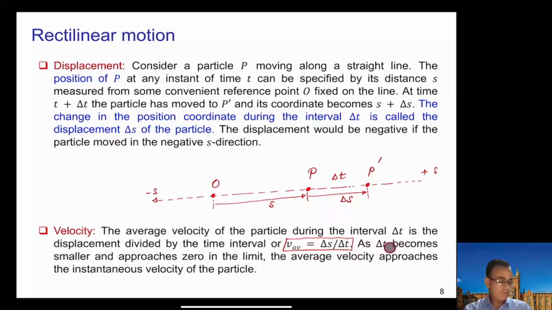Now if delta t becomes smaller and approaches zero in the limit, the average velocity approaches the instantaneous velocity of the particle.